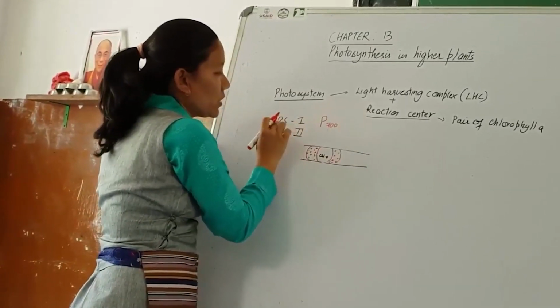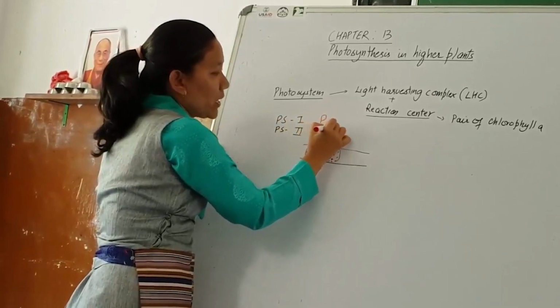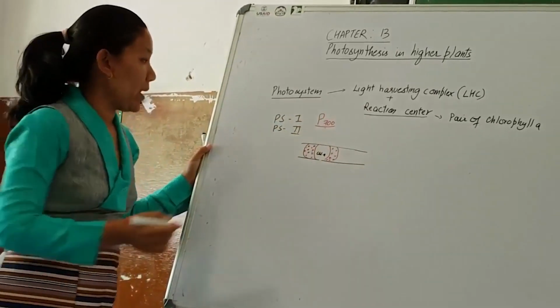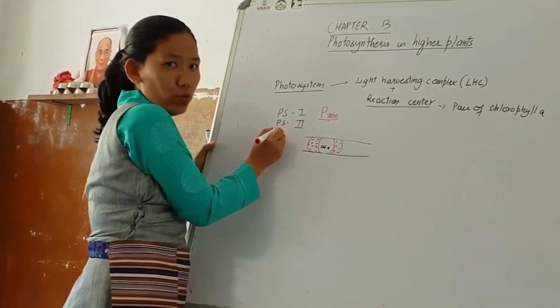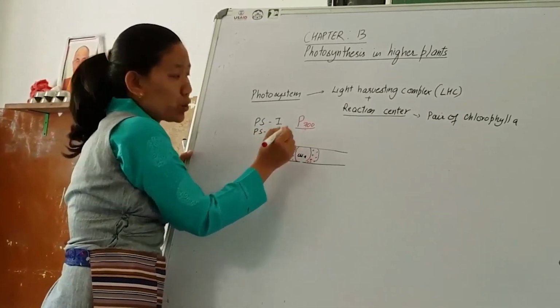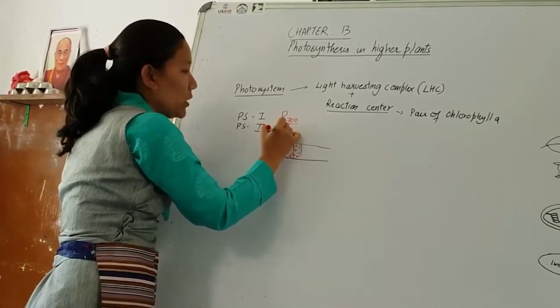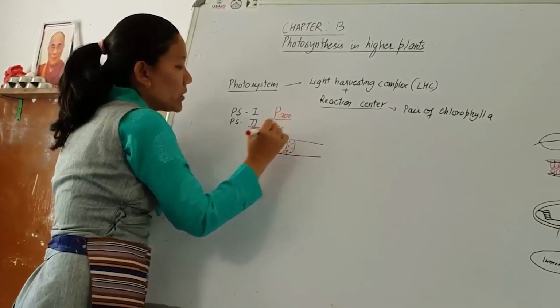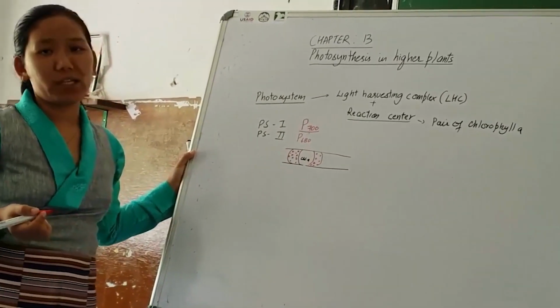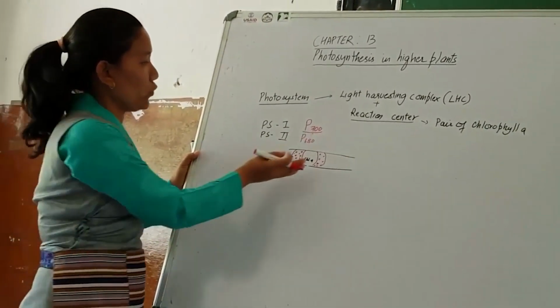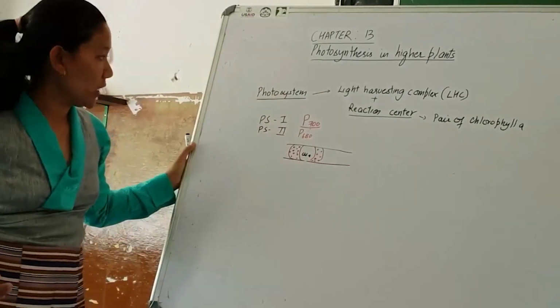So the reaction center in the photosystem 1, we also call it as P700. Likewise, in the photosystem 2, the maximum absorption is at 680 nanometer. So the reaction center in the photosystem 2, we also call it as P680.